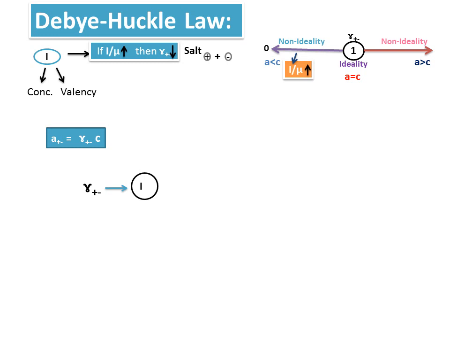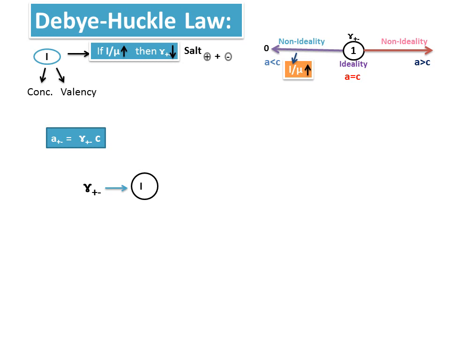On the right side of the slide we have some values of gamma positive negative, the mean ionic activity coefficient. It will be 1 for an ideal solution. Here A will be equal to C, meaning activity will be equal to concentration.